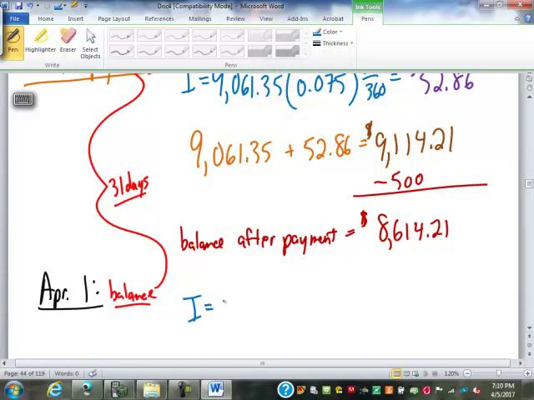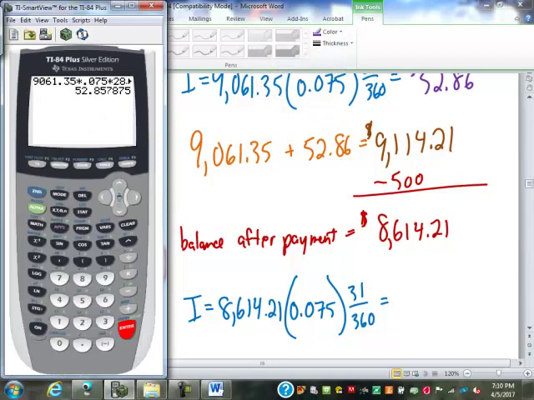So we're figuring out that interest of $8,614.21 times 0.075 times 31 over 360 for ordinary interest.